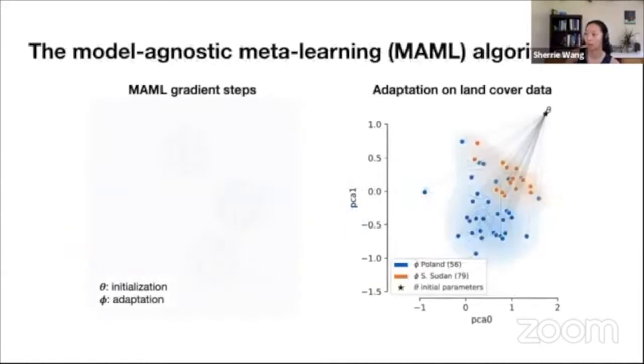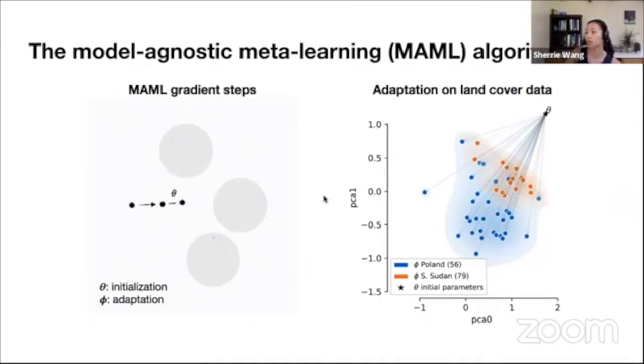So I'm going to talk about the specific algorithm that we look into, which is one of the most well-known and most commonly used meta learning algorithms. So this algorithm is called model agnostic meta learning. Model agnostic because it can be used with any neural network architecture that you have.